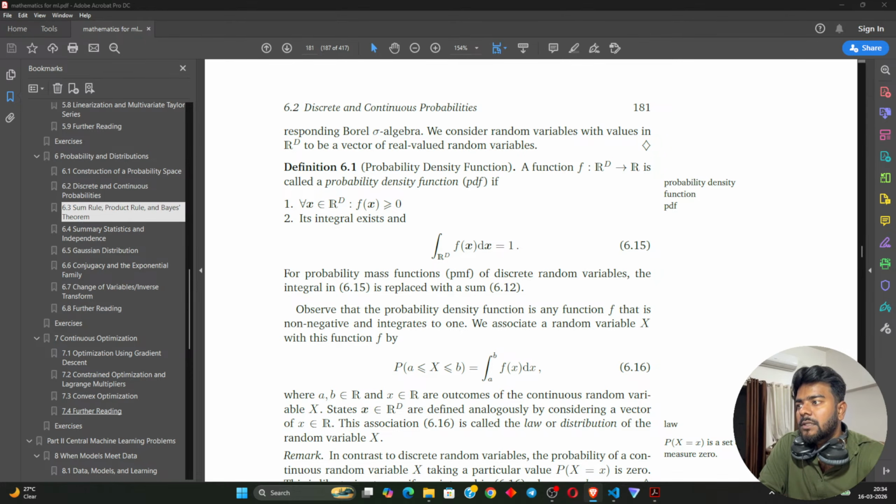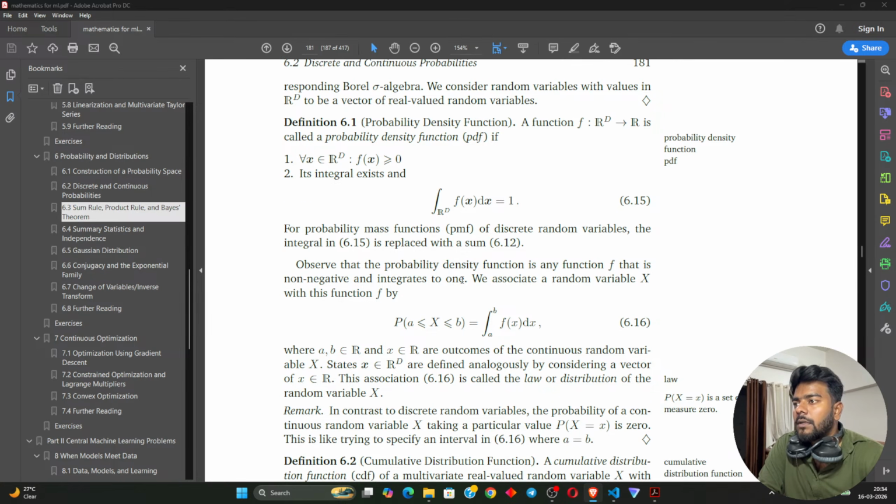For probability mass functions of discrete random variables, the integral 6.1 is replaced by the sum 6.12. Observe that a probability density function is any function f that is non-negative and integrates to 1.